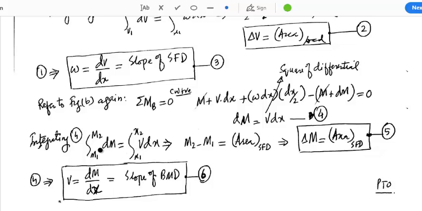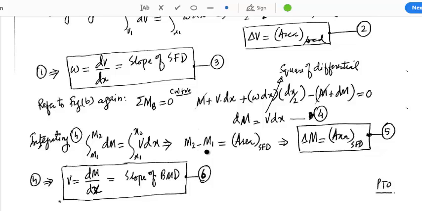Now if we integrate dM from M1 to M2, we get M2 minus M1, and V dx is the expression for shear. If we integrate the expression for shear from x1 to x2, we get the area of the shear force diagram from x1 to x2. So on the right side we get the area of SFD, and on the left side we have M2 minus M1.